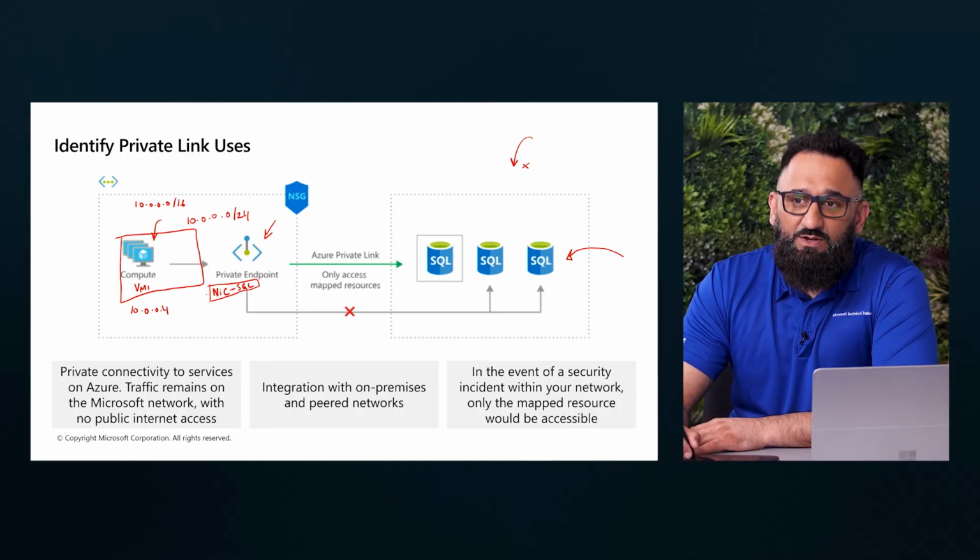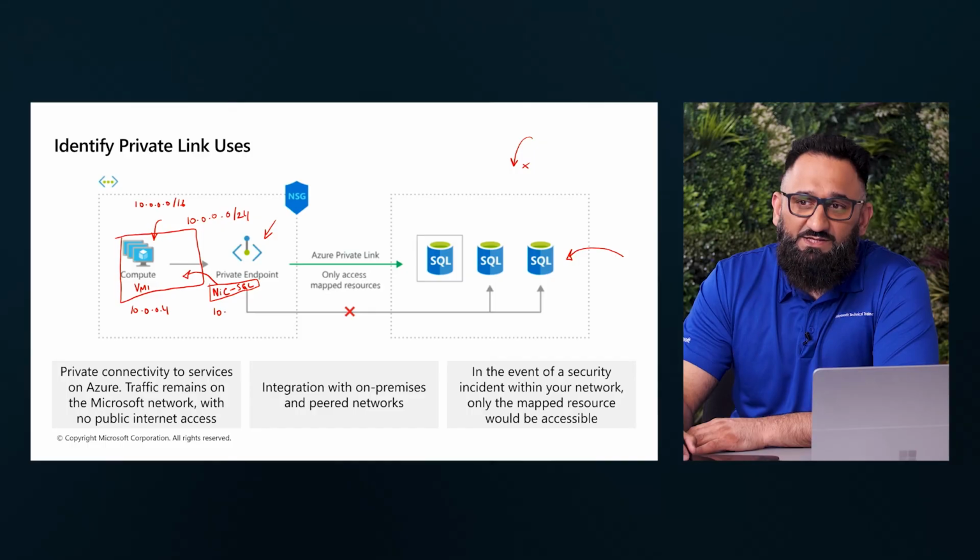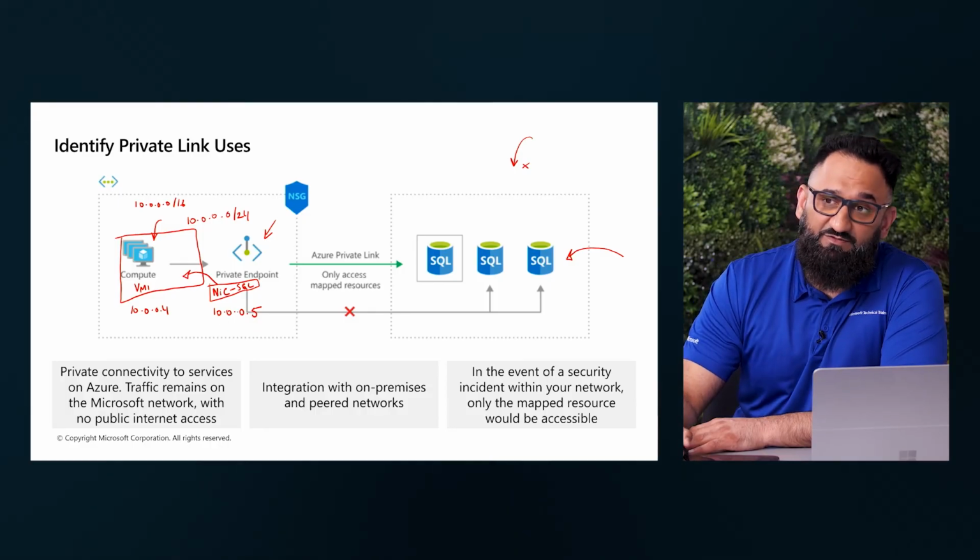In that scenario, it will drop this network interface card into this subnet for me, giving the network interface card an address that matches the same range of where my resource exists, picking up the next available IP address, 10.0.0.5.